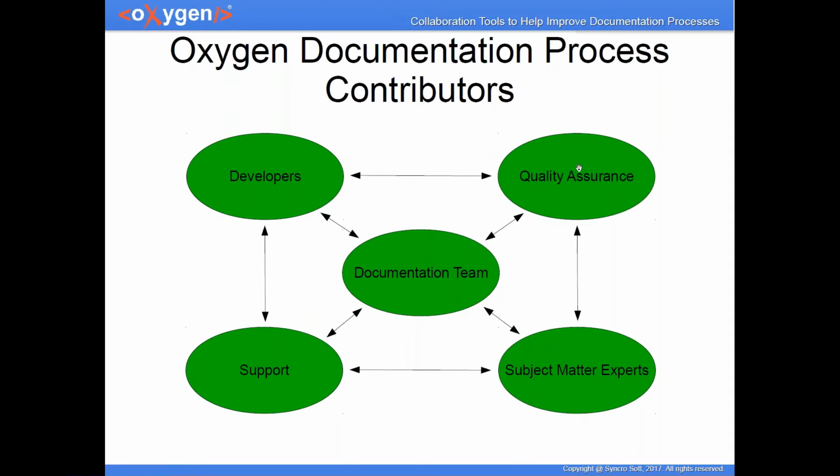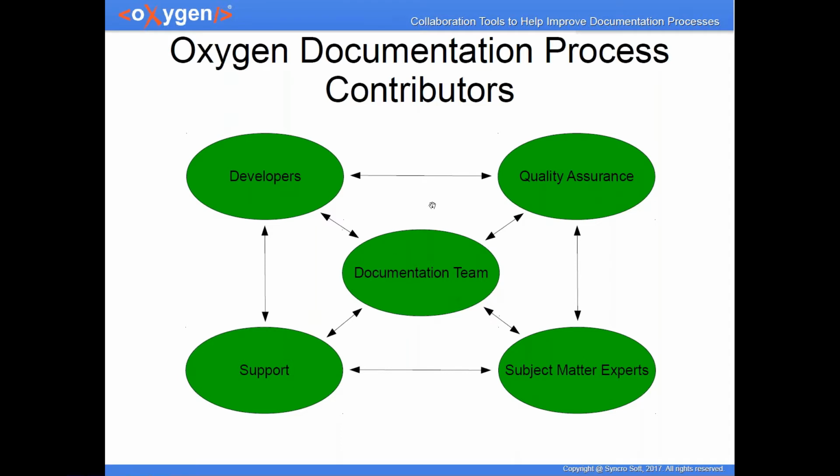The quality assurance team is responsible for testing everything, and they also proofread changes and additions in the documentation. The support team sometimes receives feedback from users that require changes in the documentation. Subject matter experts might include developers, people from other departments, or members of the community that often offer feedback, suggestions, or actual content. And of course, the documentation team works with all of them.